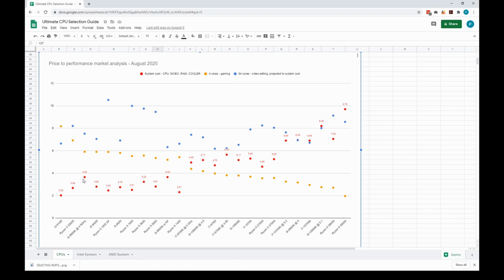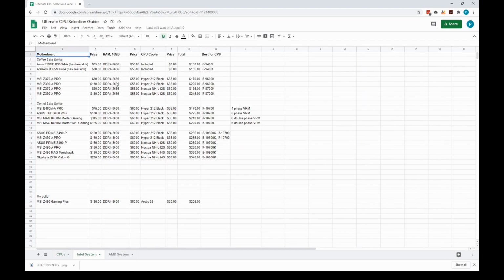The way I came up with this price is I created two pages, one for Intel and one for AMD systems. So let's go over those really quick. As you can see, there's a bunch of things going on here. I have a column for the motherboard, RAM, where I'm using 16 gigabytes on each build, then CPU cooler, and total price.